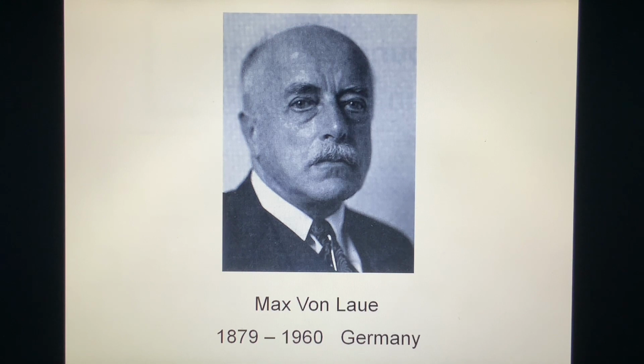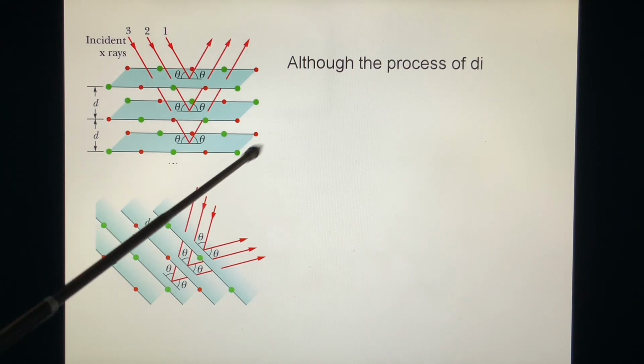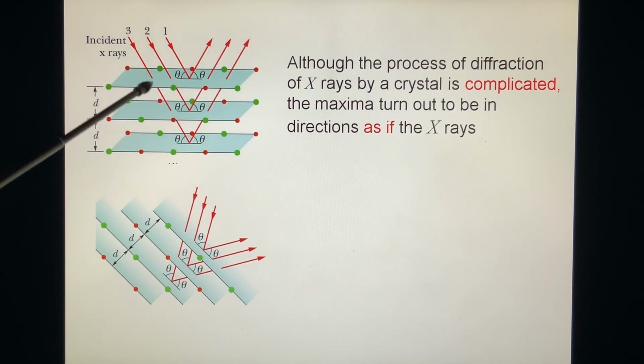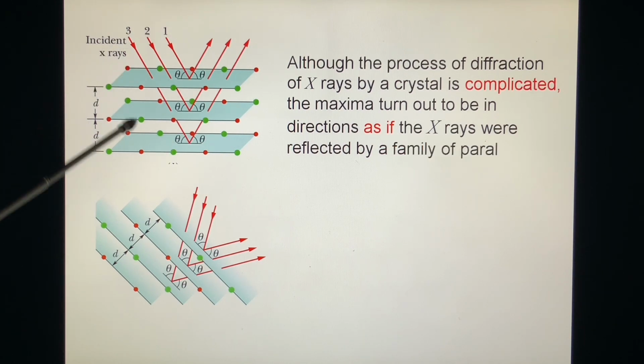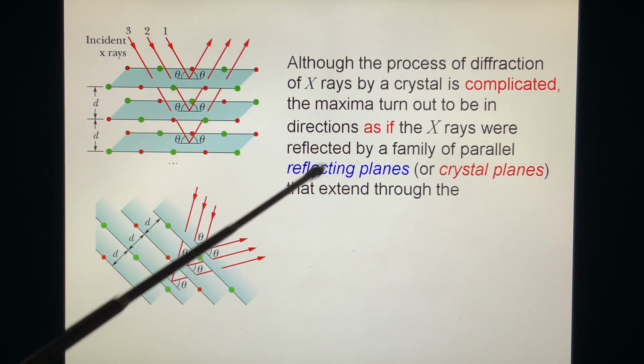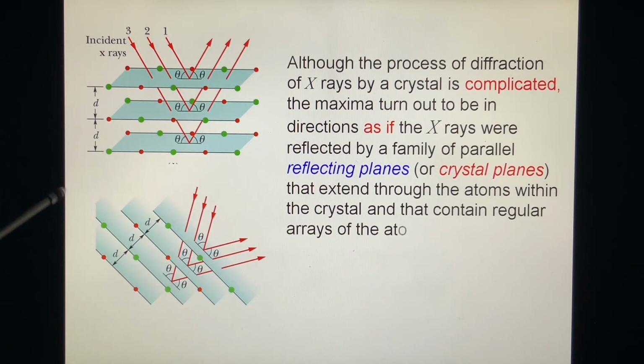This is Max von Laue from Germany. Although the procedure of diffraction of X-rays by a crystal is complicated, the maxima turn out to be directed as if the X-rays were reflected by a family of parallel reflecting planes, or we call them crystal planes, that extend through the crystal and that contain regular arrays of atoms.